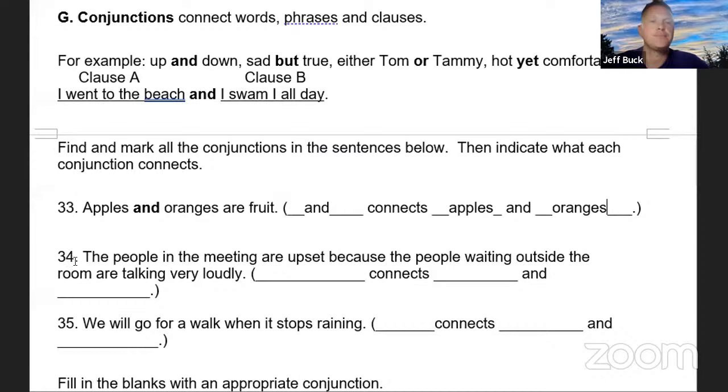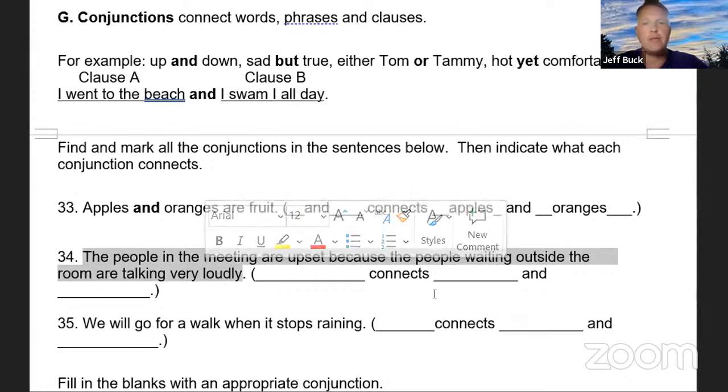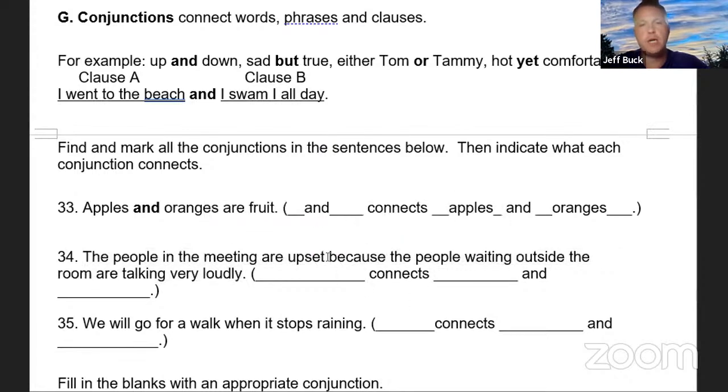Good. The people in the meeting are upset because the people outside the room are talking very loudly. So we have the conjunction "because." And we have two clauses.